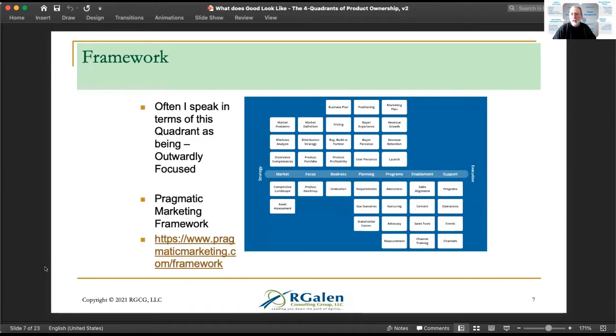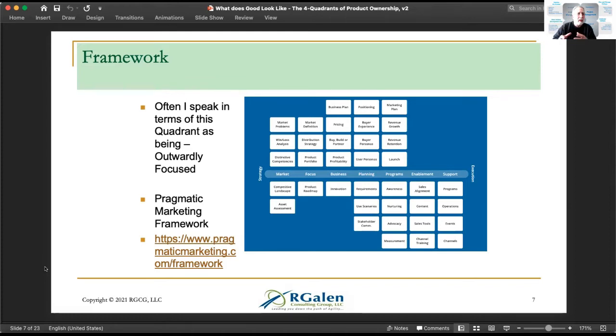I just noticed that they changed their names. There was a company called Pragmatic Marketing, and I think now there's something else. I forget the name, but they've renamed themselves. But they talked about product management as a skill, as a craft, as a profession, and they developed this flowchart for all of the activities that are in product management.